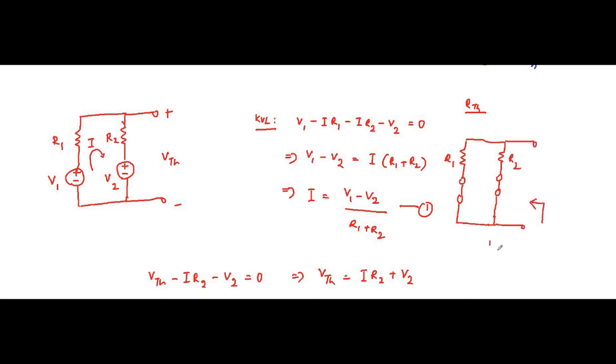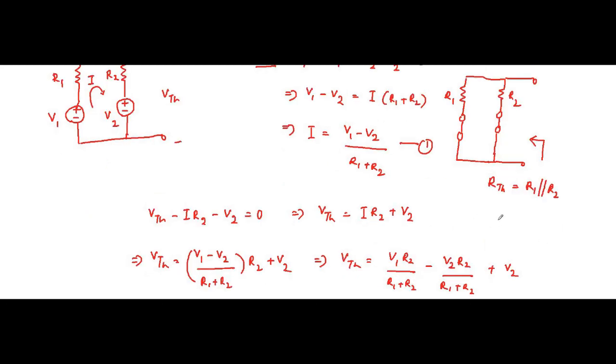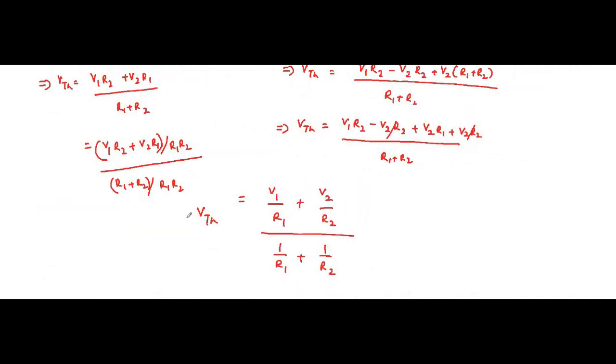That means RTH is simply R1 parallel to R2, equal to 1 by R1 plus 1 by R2. So this is RTH and this is VTH.